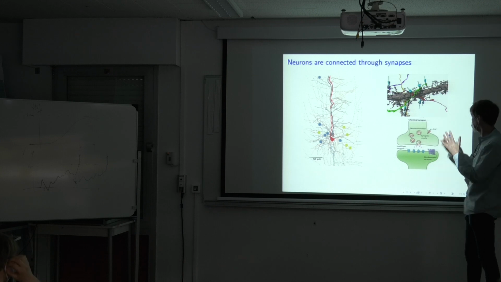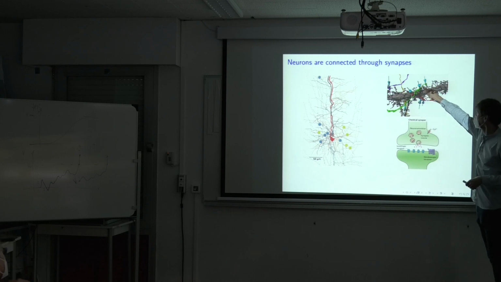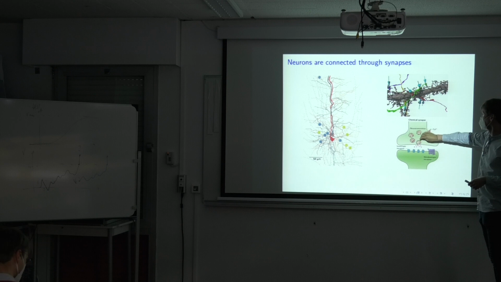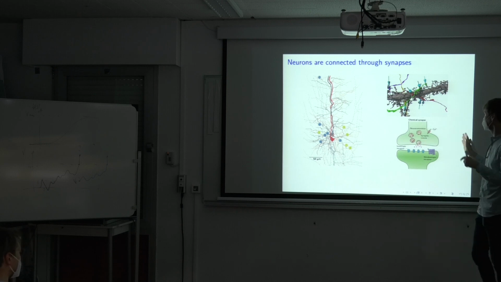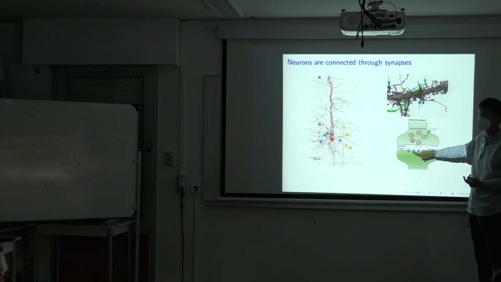To describe very briefly what happens at synapses: you have an action potential traveling down the axon. At that point, a cascade of events happens, so calcium increases, that leads to vesicles fusing onto the membrane here, releasing neurotransmitter, diffusing across the cleft, binding onto receptors on the postsynaptic side.